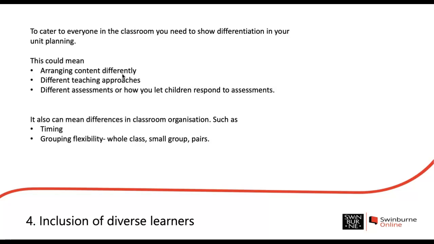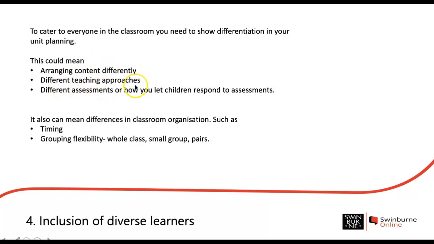So I can maybe suggest that some of my lower students are doing some of the skills from grade 1, 2. Then you look at the higher ones and you suggest, again, I'll use some different strategies and different teaching approaches with those particular students. So arranging content differently is a must for differentiation.